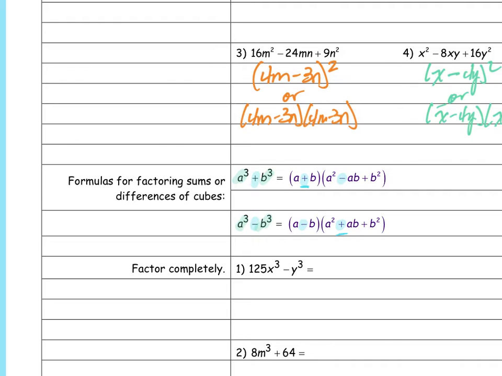So it doesn't matter which one I am in, and I'm going to talk about that when I get down to number 1. I want to write it as a cube first. So what I mean by that is like 125 isn't written as a cube. I want to write that as a cube. So what I'm asking is, what cubed equals 125?